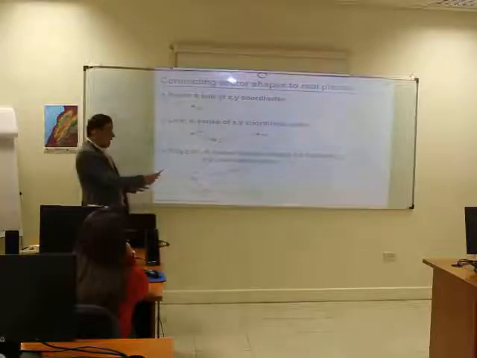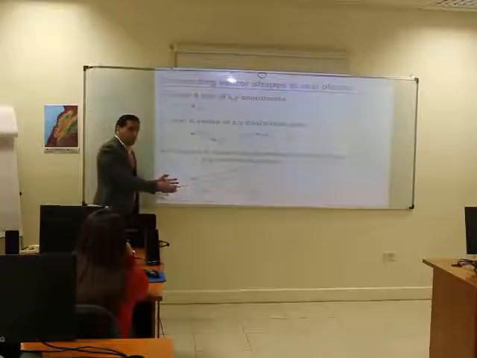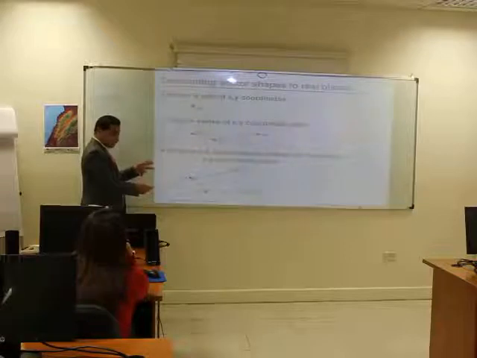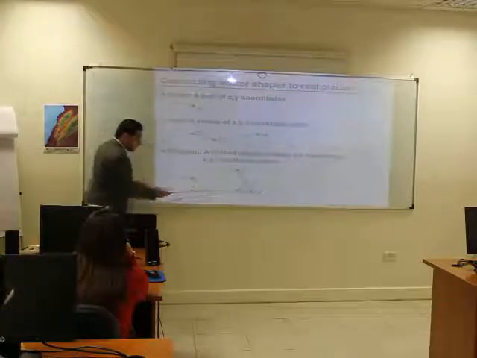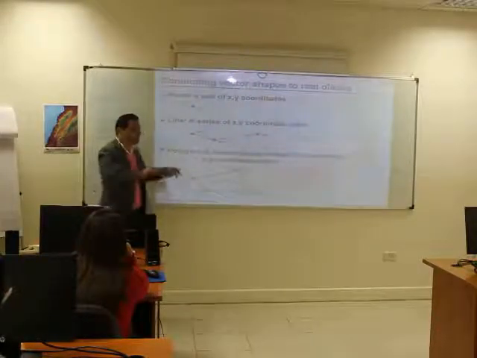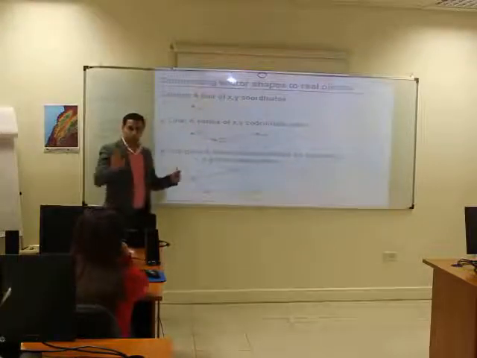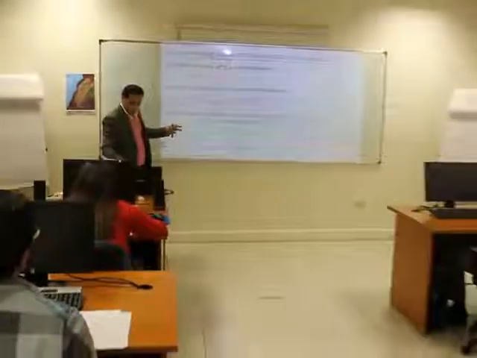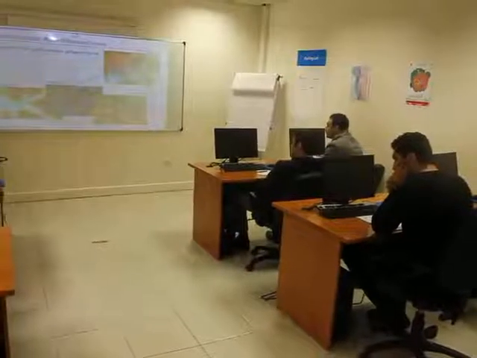A polygon is a closed shape. So I have to start from here, define an XY coordinate, and finish at the point that I started from. So it's a closed polygon. Any question? Make sense? Yes. Okay. Let's move.